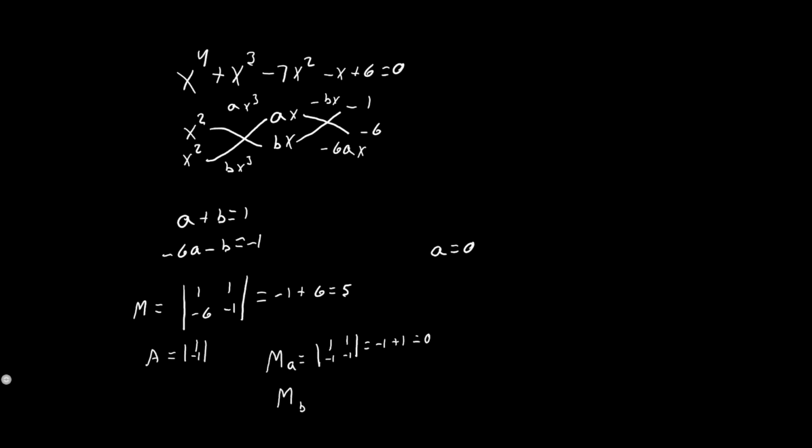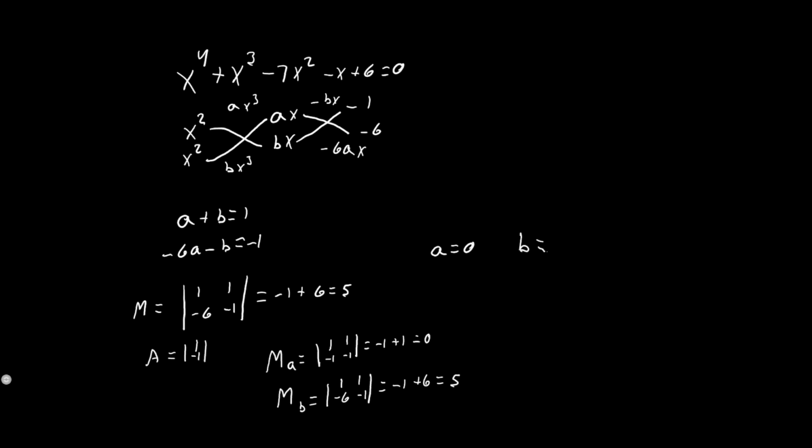And for b, it is 1, negative 6, 1, and negative 1. So here now we have negative 1 plus 6, which is just positive 5.